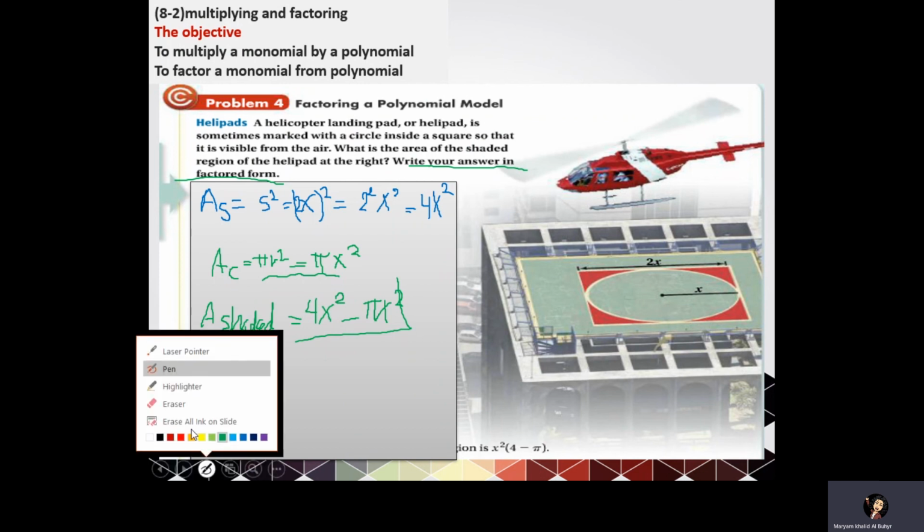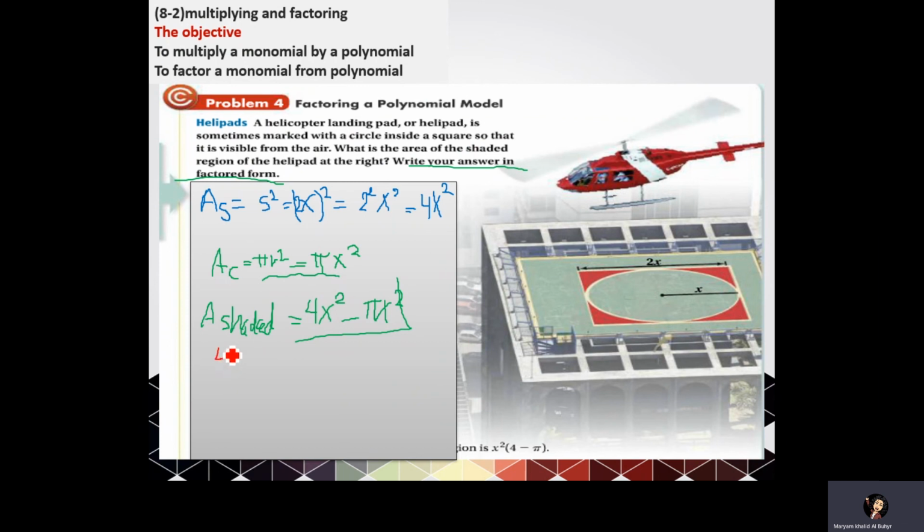Again, the first term is 4x to the power 2, which I can rewrite as 2 times 2 times x times x.